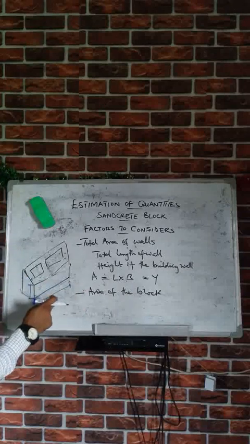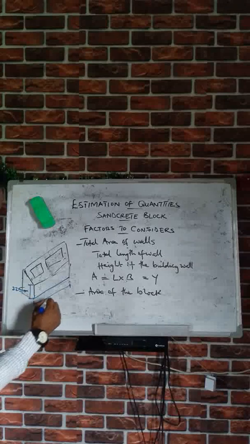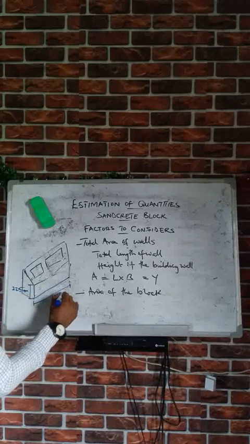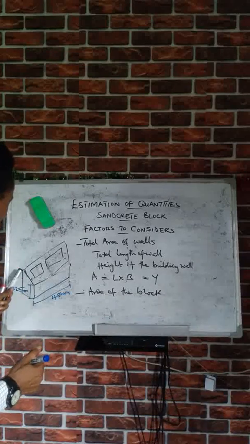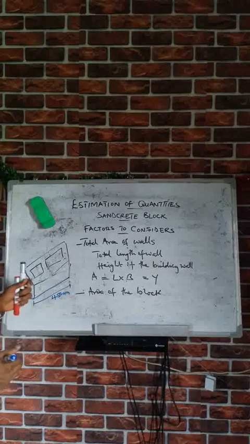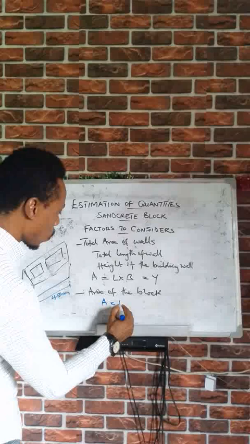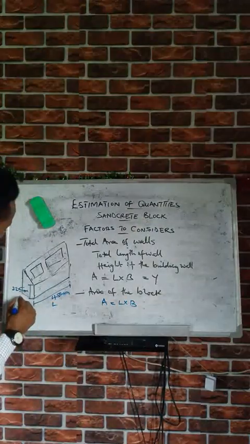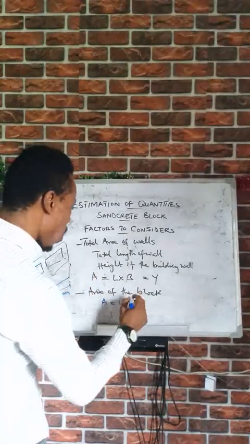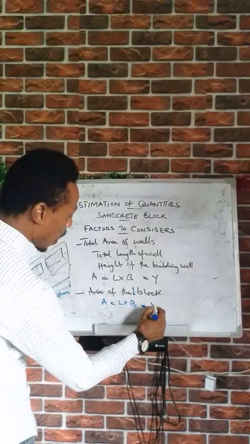Usually this side is 225 millimeter, while this is 450 millimeter. That is the standard length for one block, and this is the standard height for one block. So you now have to get the area. The area is equal to length times breadth, for one block. This gives you your x.